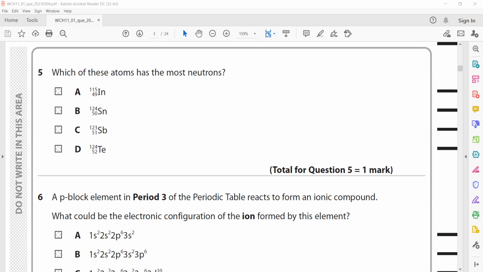For the others, In is 66 neutrons, 72 neutrons, 72 neutrons, and this is 74. That's why B is the right answer.